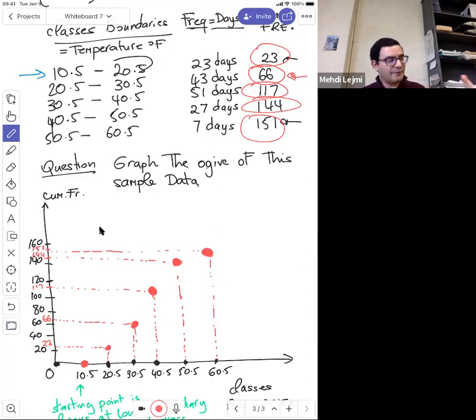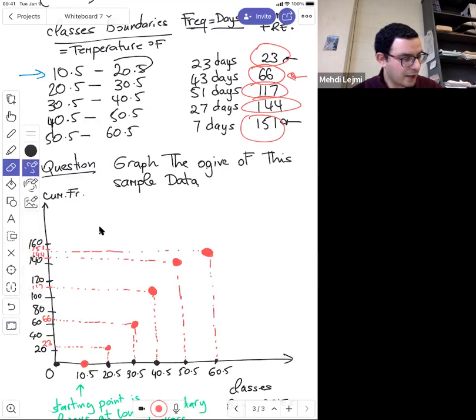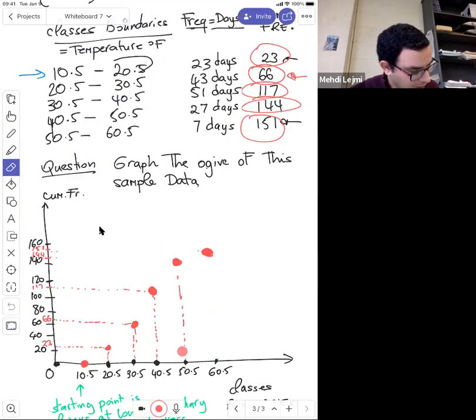Again, guys, the vertical and horizontal lines are not included in the graph. I'm just using them to explain how I plot all these points. They are not included in my ogive. I'm going to erase those horizontal and vertical lines.